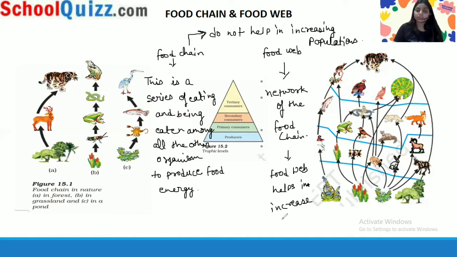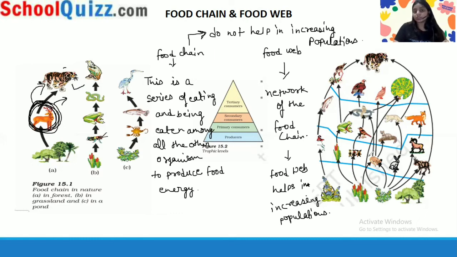How? Let's see. Just tell me, if this deer will be eaten by only this particular animal, this deer will be vanished after some time, because this tiger has the deer as food. So after some time all the deer are gone.